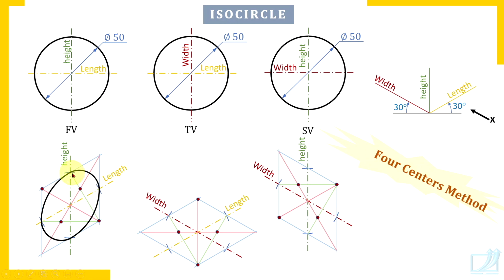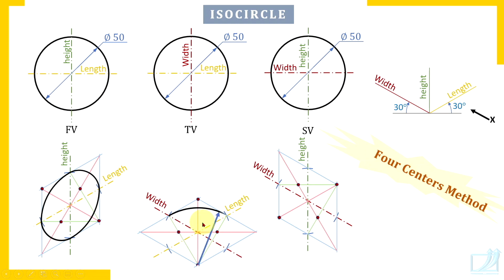This is the midpoint of a side of the rhombus, and this is the midpoint of a side of the rhombus. So midpoint to midpoint, that means one arc in one quadrant. Now you will understand better. Two longer arcs and two shorter arcs, this is how we complete the isocircle. Now for the longer arcs, centers are in diagonally opposite quadrants.